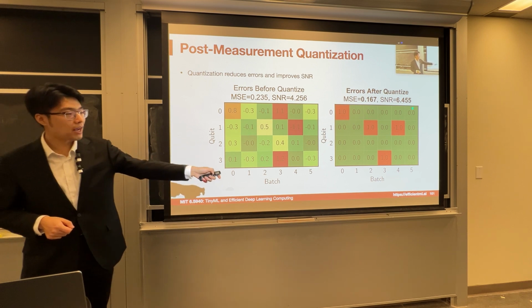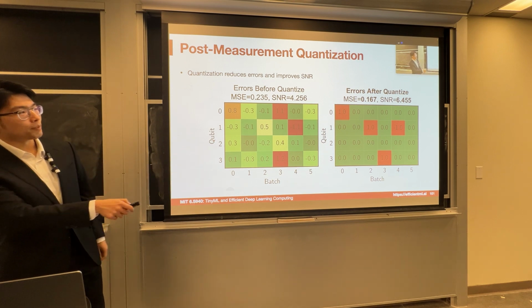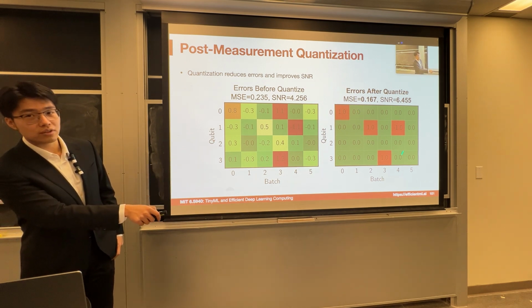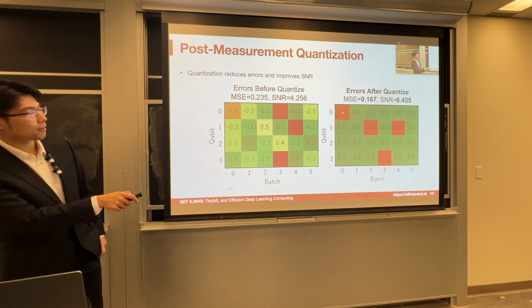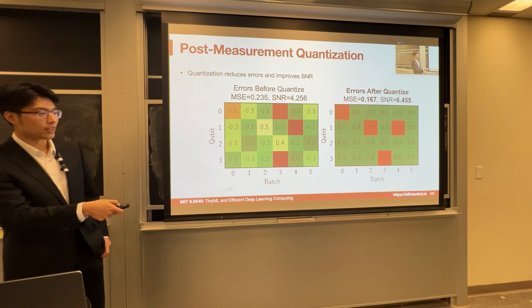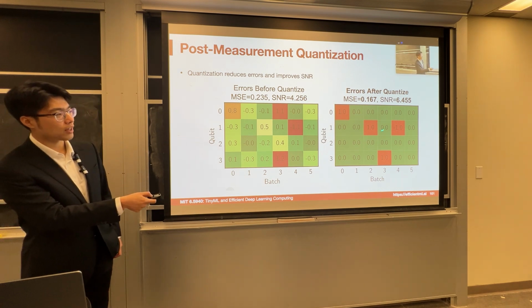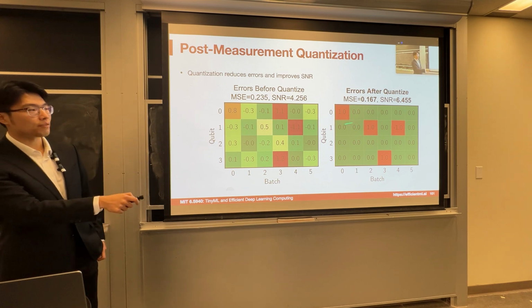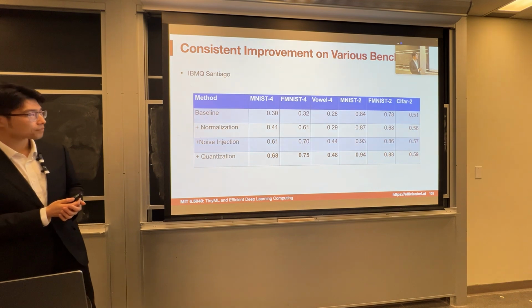But after the measurement quantization mitigation, we can see most of the errors are reduced to just 0. That means we have already removed the error. But sometimes the large errors may result in a different bucket. So our hope is that those cases can be minimized, and that most of them can be corrected back to the original value.